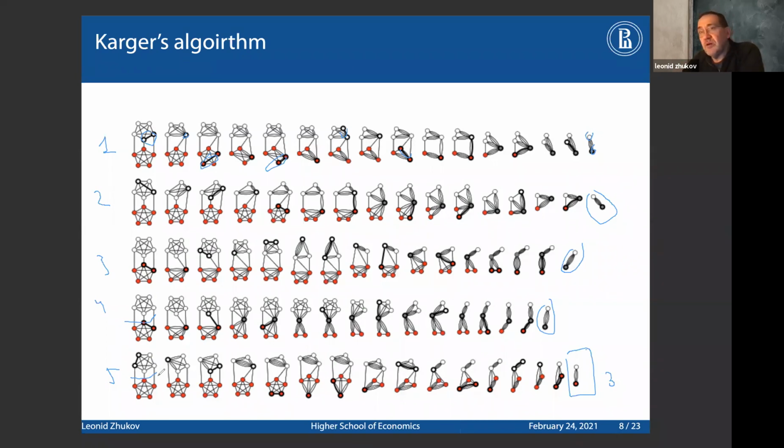Theoretically speaking, you need more runs to get this answer, especially since you don't know what the minimum cut is. You just do it multiple times, and you select the run that gives you the winner, the smallest number, and that's it. It's a beautiful, very simple algorithm, easily parallelizable, and it's the basis for a lot of algorithms out there. Any questions on this algorithm?